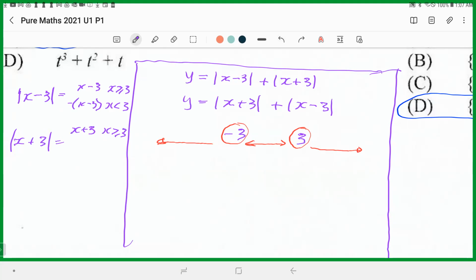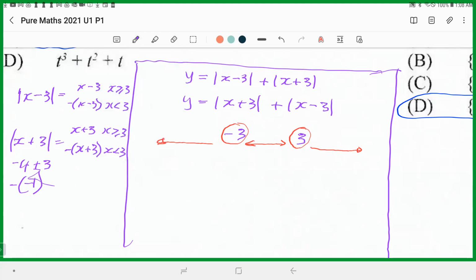But when x is less than negative 3, for example negative 4, you get negative 4 plus 3, which is negative 1. In order for the negative 1 to become positive 1, you have to negate it. So the function instead becomes minus x plus 3 when x is less than negative 3.